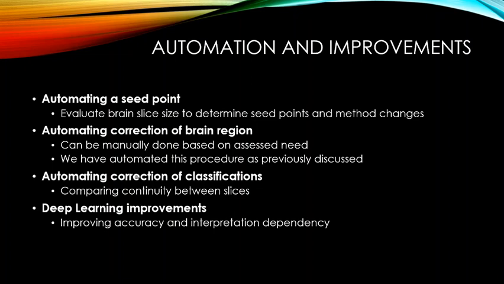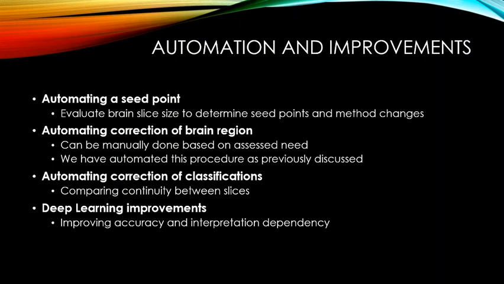The second thing we looked at, which is really the first idea we had come up with to automate, was the correction that Linsheng talked about, and we were able to implement that.